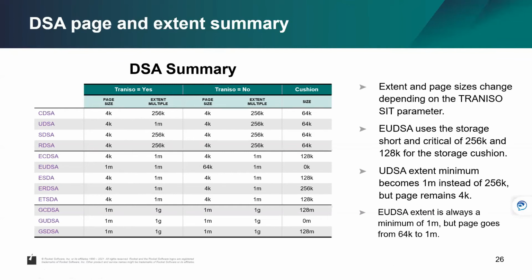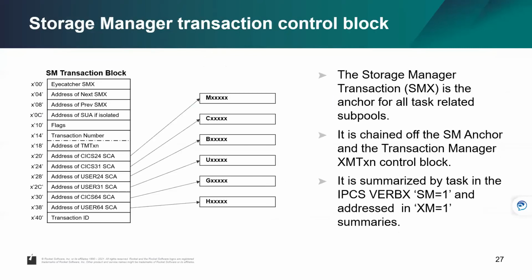So if you have a max task set to 200, you have to isolate at least 200 meg to use for transactions running in your system, right? Whereas the page size for individual tasks that you're running when tran ISO is no is a lot less. So the storage requirement is certainly higher for transaction isolated transactions.